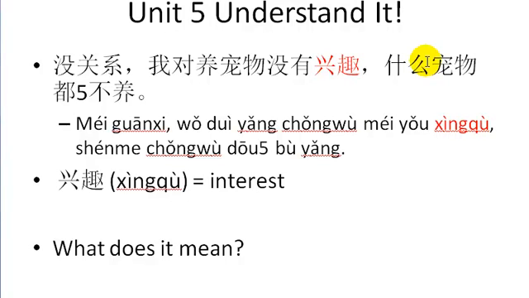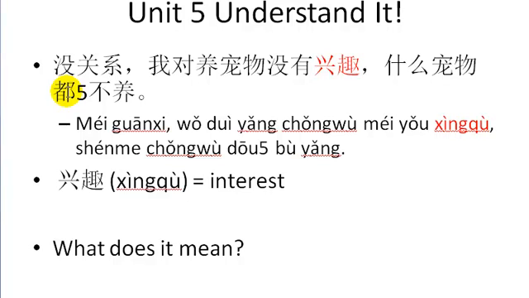You notice it's not a question, right? There's no question mark here, but it's a question word. And then you have the object of the sentence, or what's being discussed. In this case, it's pets.